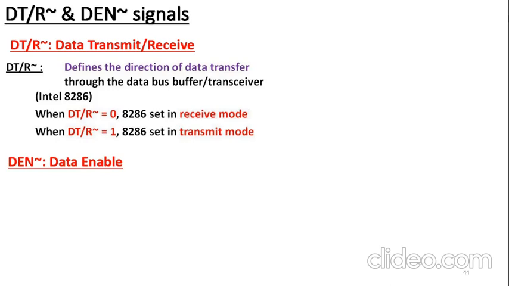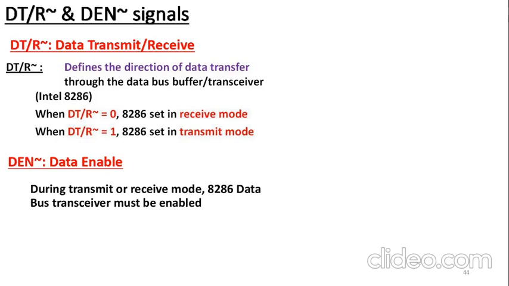Now next is the data enable bar signal, DEN bar. In case of either data transmit or data receive mode, that 8286 data bus transceiver must be enabled. And how to enable it? This active low signal DEN bar should be kept at logic 0, then that 8286 data bus transceiver gets enabled, and then one can set the direction of data transfer by using DT/R bar signal here.